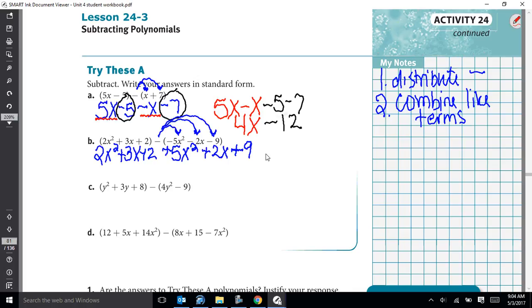Alright, so combine like terms. We have 2x squared plus 5x squared, so how many x squares are there? 7x squared.